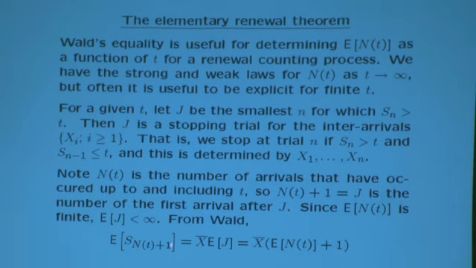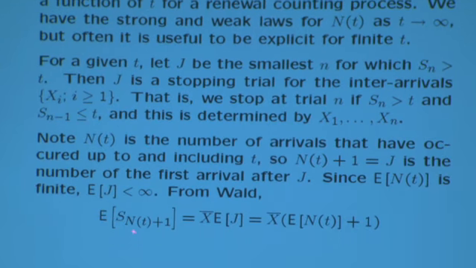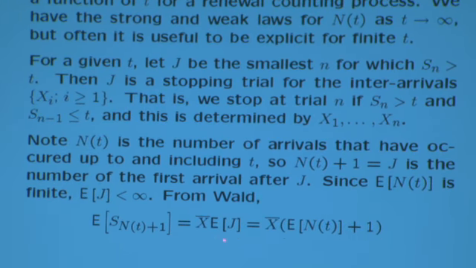Then you're looking at the time at which that arrival occurs. Wald's equality says that the expected value of that time is equal to the expected value of the inter-arrival time times the expected value of J. J is a stopping trial. J is N of t plus 1, so the expected value of J is the expected value of N of t plus 1, all times X bar.